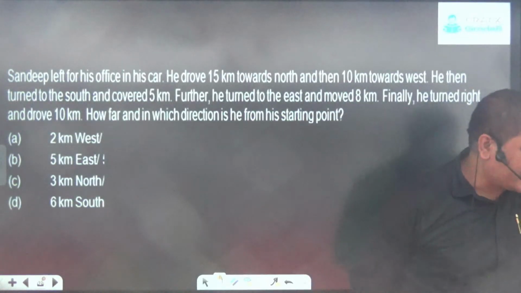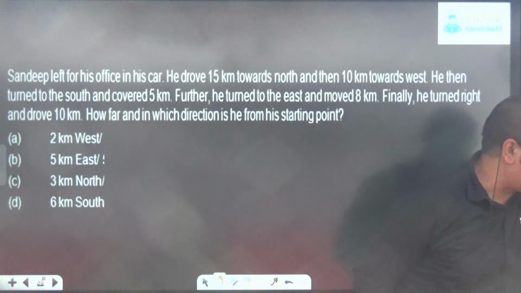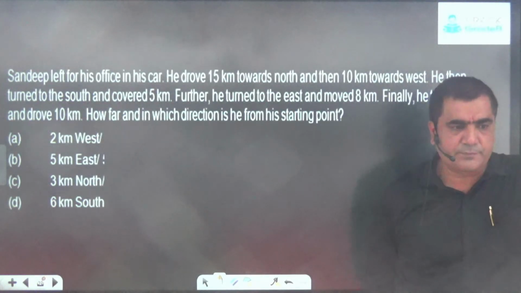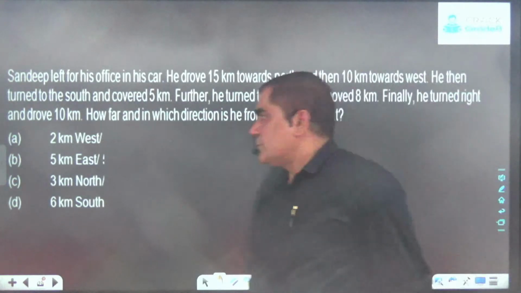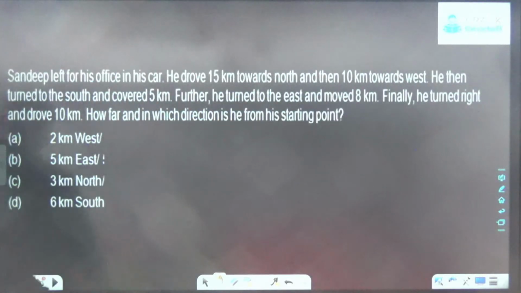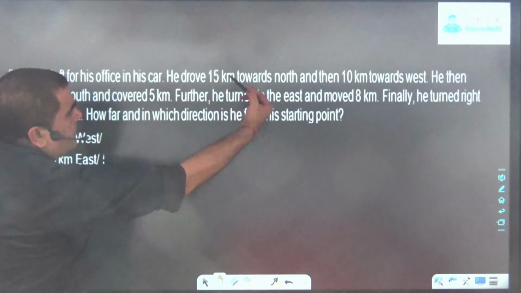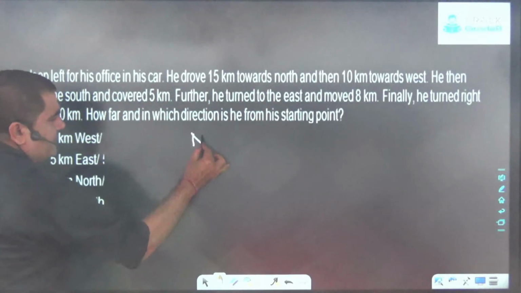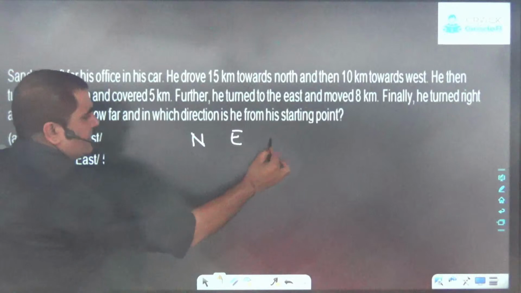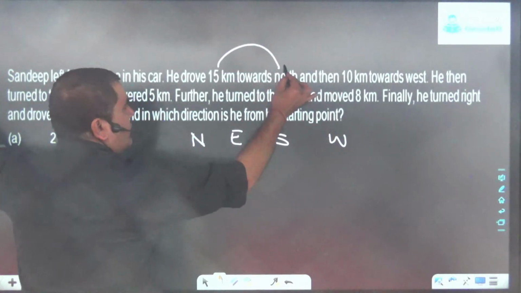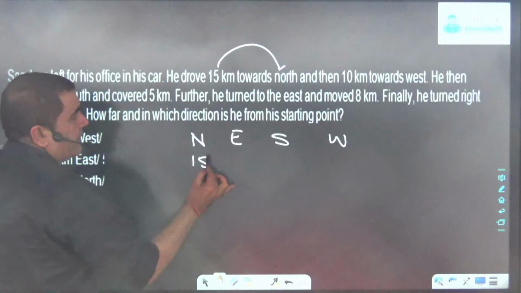Now let's get the answer ASAP. We have already seen the concept of how to get the answer. Here they are saying, Sandeep left for his office in his car. He drove 15 kilometers towards north. Let's start with NESW. Initially he has gone 15 towards north, so I will write 15.